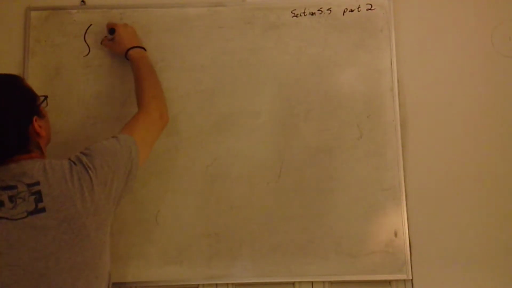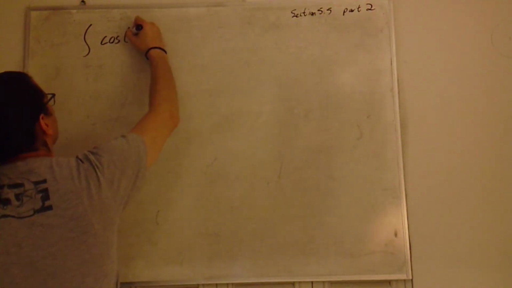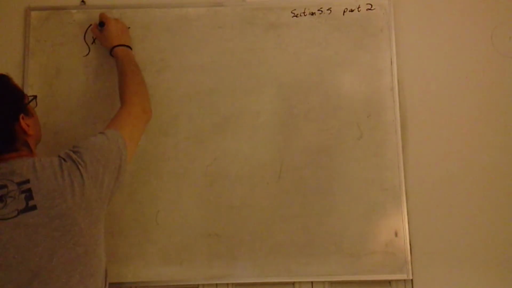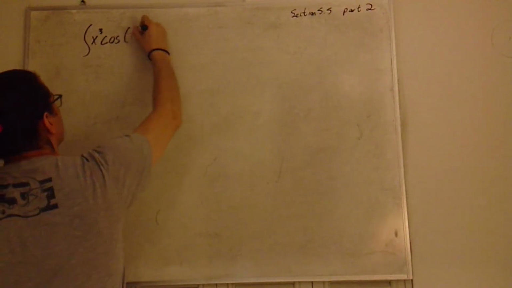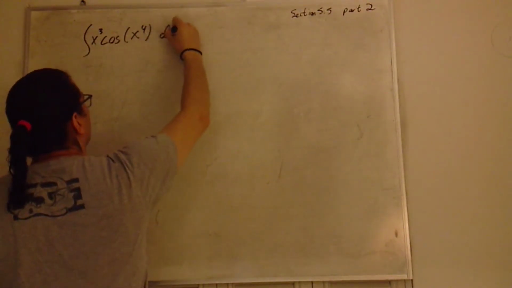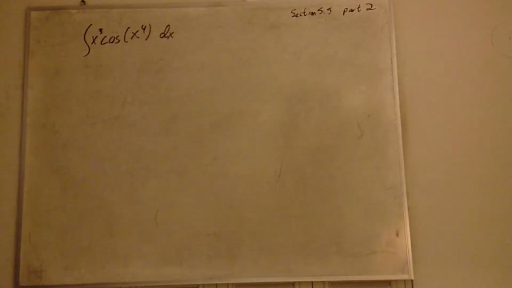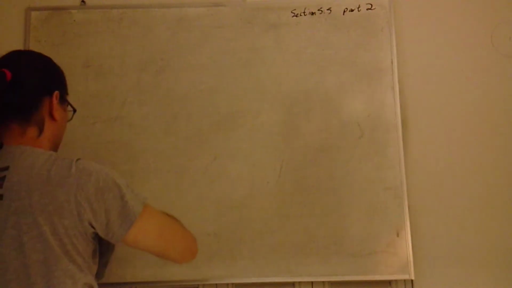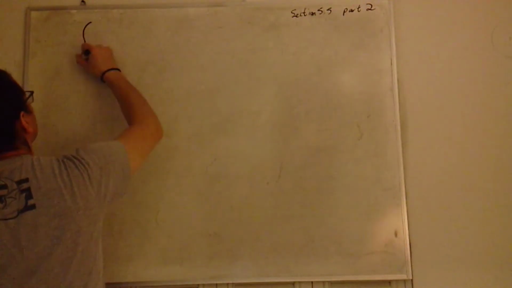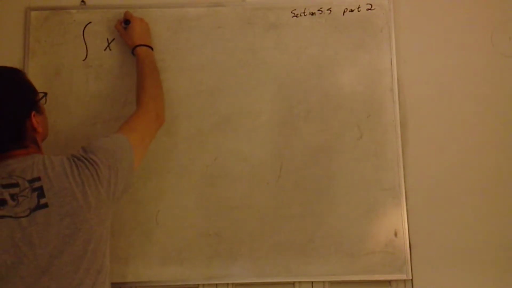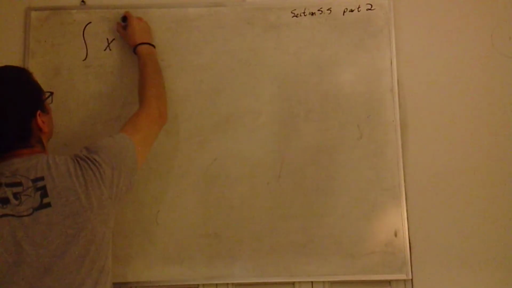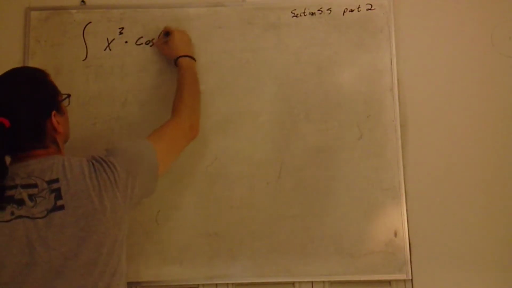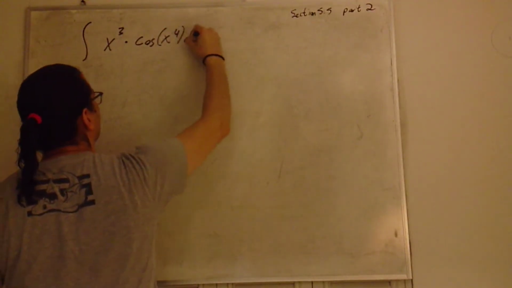Let's do the integral of x cubed times the cosine of x to the 4th dx.